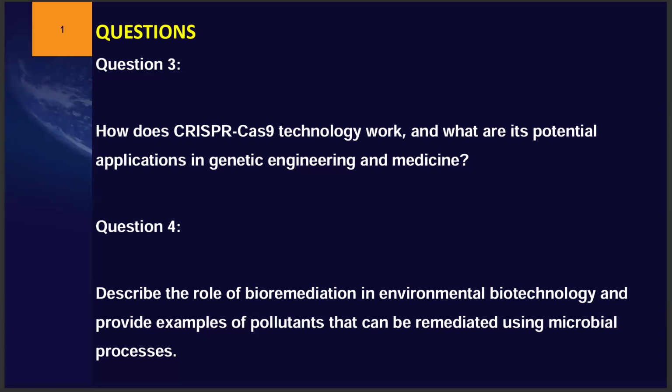In summary, bioremediation is the use of microorganisms, plants or enzymes to remove or neutralize pollutants from contaminated sites. You can remove them by using bacteria and fungi. Those are the most common ones that you can use.